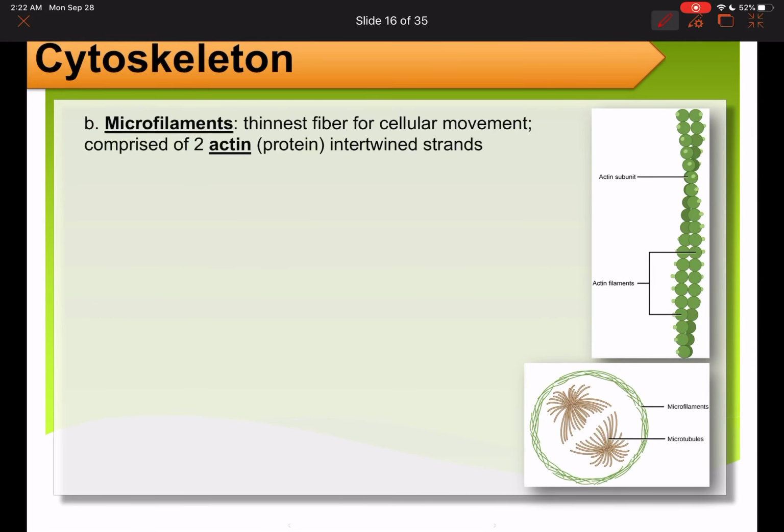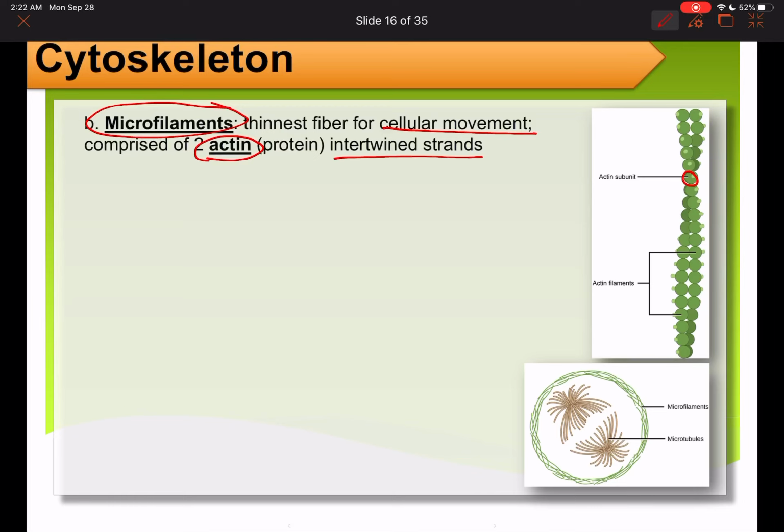The second type of cytoskeleton is called microfilaments, which are the thinnest type of fiber, used for cellular movement. They're mainly made up of 2 actin protein strands that are intertwined with each other. This is what is shown right here.